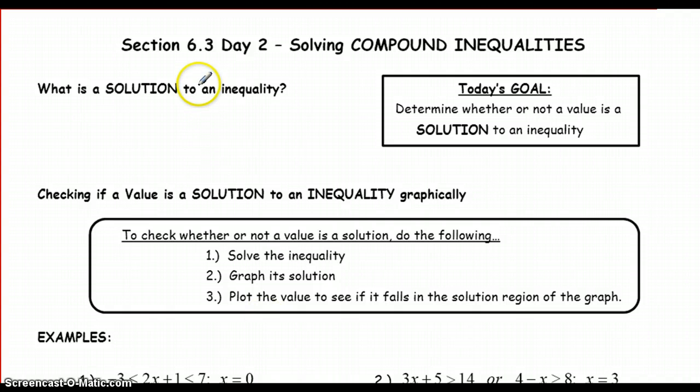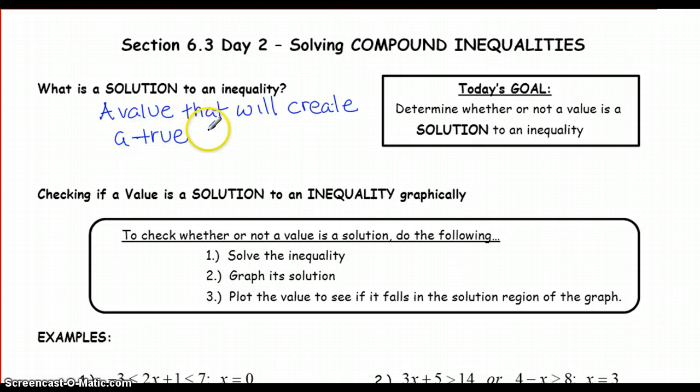What is a solution to an inequality? A solution is a value that will create a true statement. So for example, when we talk about a true statement, we are saying 4 equals 4.